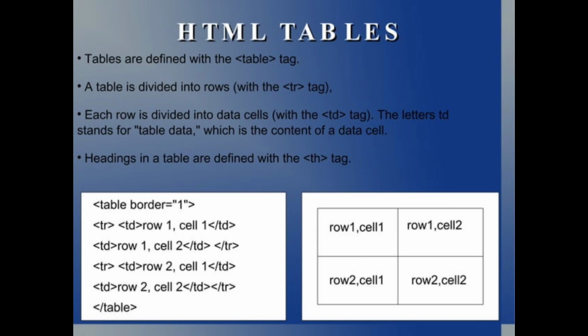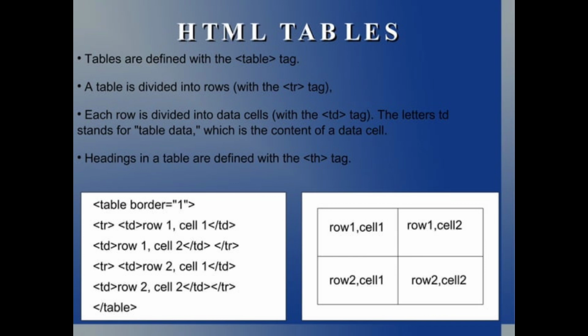What are HTML tables? The table tag defines the table. A table is divided into rows and data cells. First, for rows we give the tr tag. Then each row is divided into data cells with the TD tag. The letters TD stand for table data.